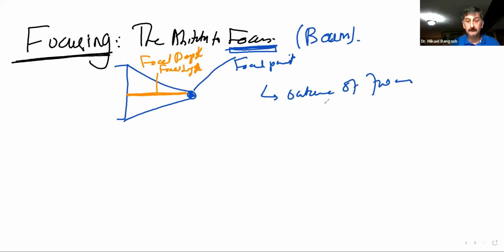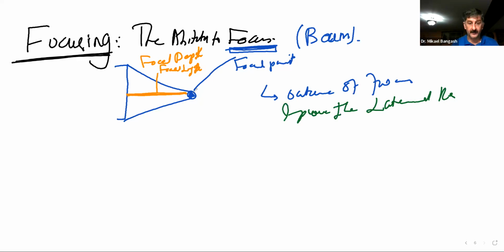Since we now know that focusing occurs, what will happen now? That's where the beam will become the narrowest. That's why we can say this will improve the lateral resolution.